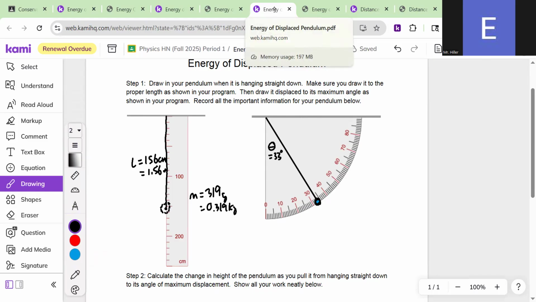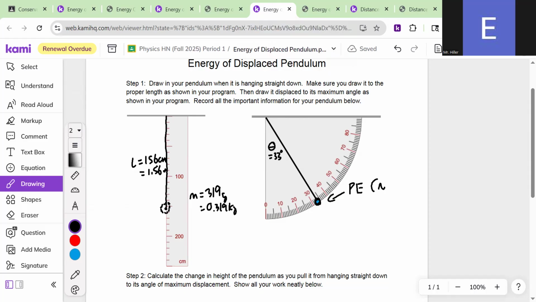Okay, now we're going to do something with this shape here because in order to figure out, we basically have potential energy right here. We have potential energy. There's no kinetic energy because the pendulum will start from rest.